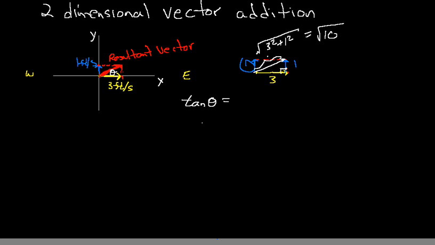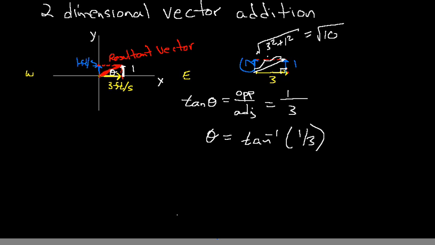It's the opposite over the adjacent side. The opposite side of theta is the blue side right here, which was the 1. The adjacent is going to be 3. So angle theta then will be the inverse tangent of 1/3.